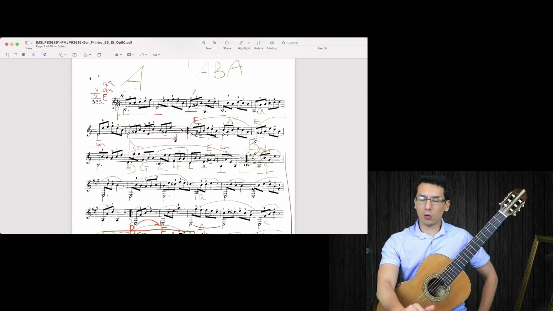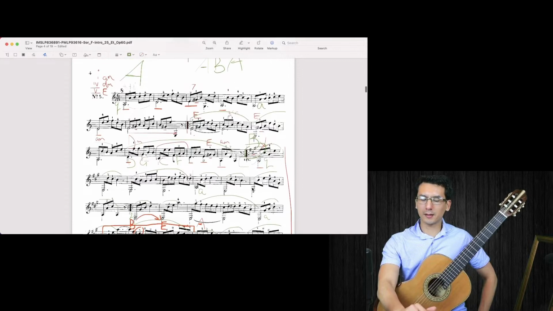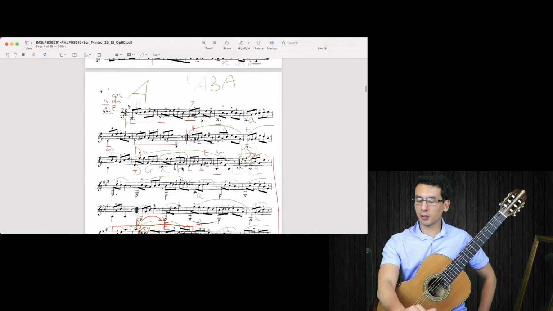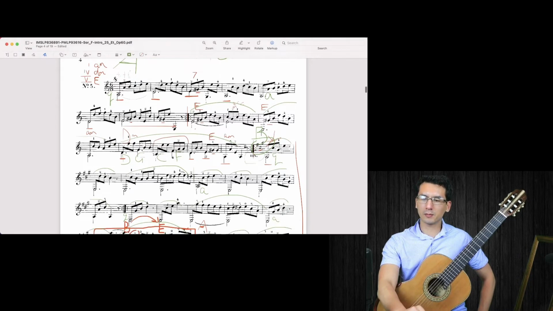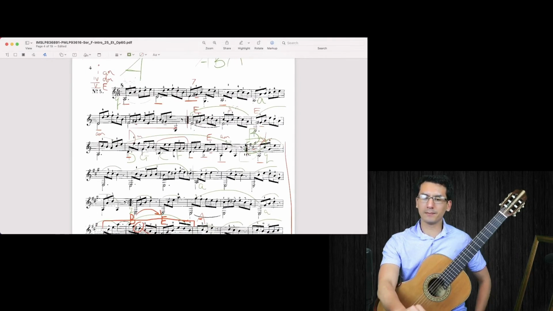So that's the form. What I like to look at next are the keys, and there's actually not that much happening, surprisingly, in terms of keys. Usually Fernando Sor would be changing keys a lot, but in this study, it did enough to be very beautiful and interesting, but not as much as perhaps some of the other studies we've looked at.